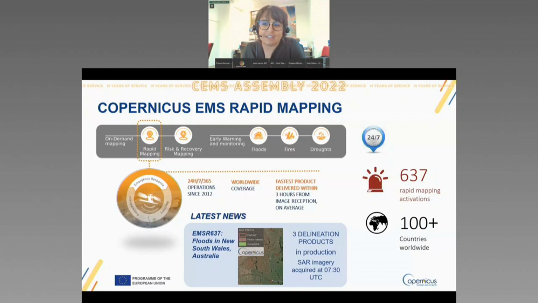What is new and ongoing now is a new activation for flood in Australia that we received yesterday. This morning, the first SAR imagery was acquired, and we are now in the phase of preparing the reference data, waiting for the availability of the SAR acquisition to start the flood analysis.